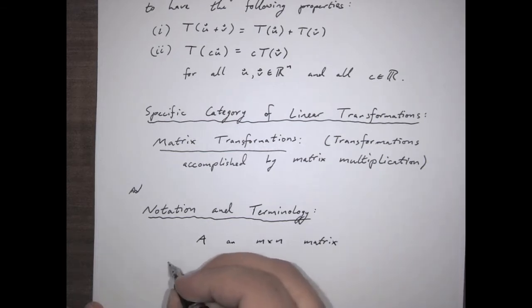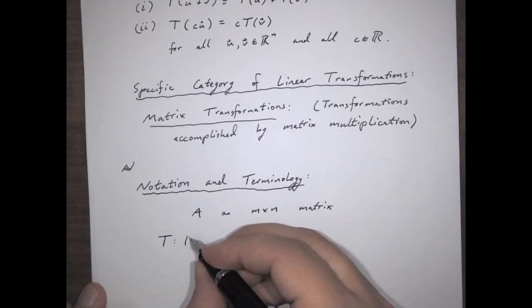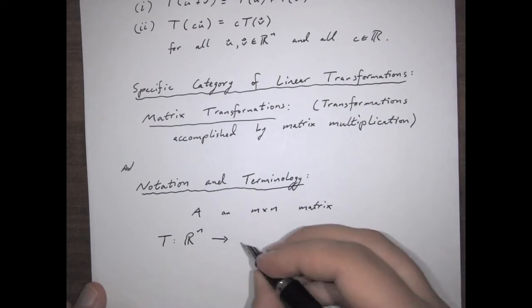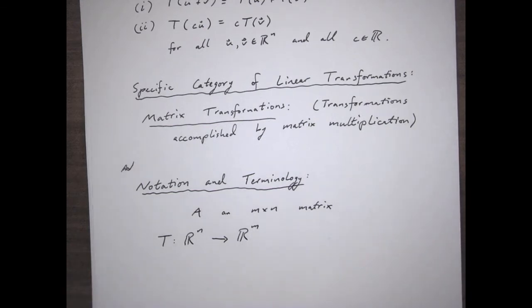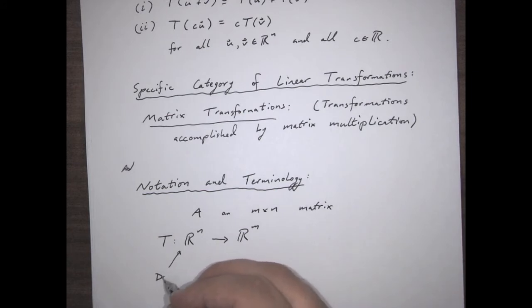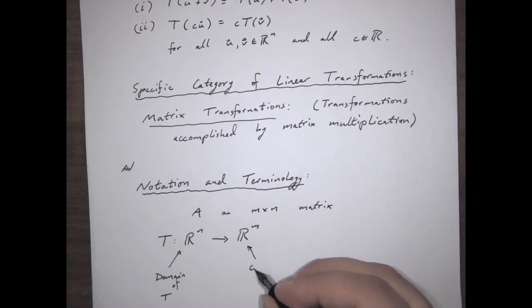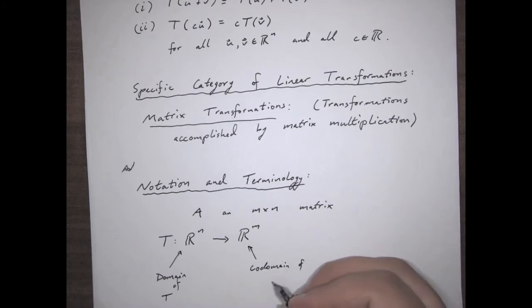And we write T, then a colon, then Rn, and then an arrow, then Rm. The way you pronounce this is T maps from Rn to Rm. This space right here is what's called the domain of T. This space right here is what's called the codomain of T.